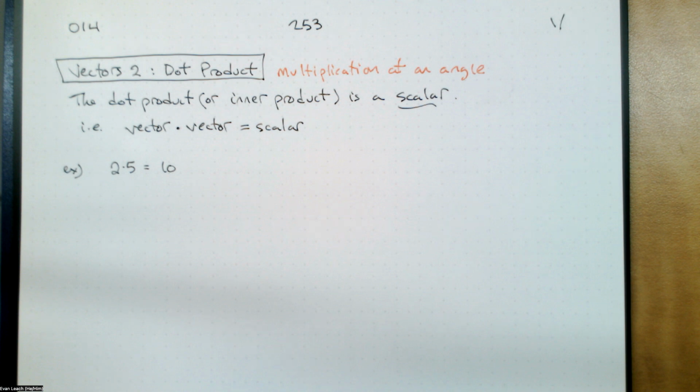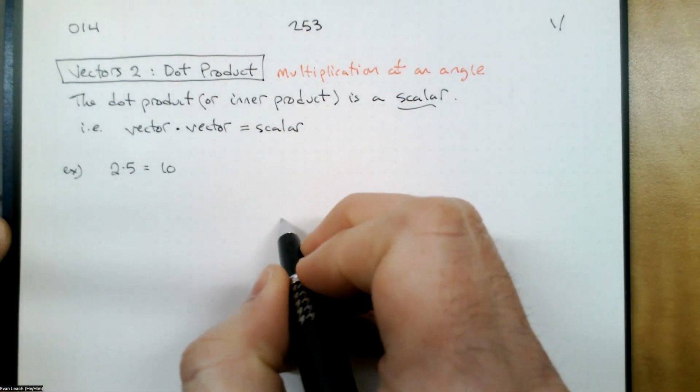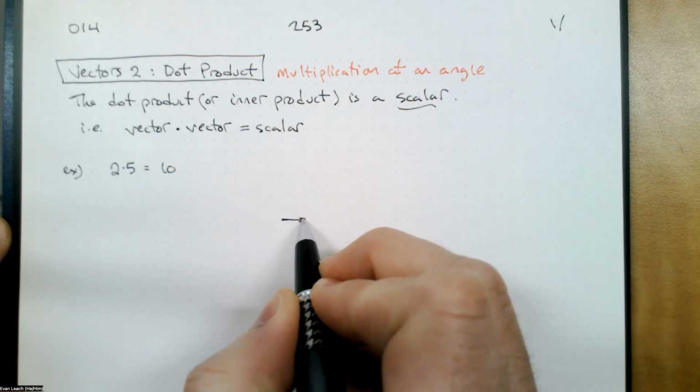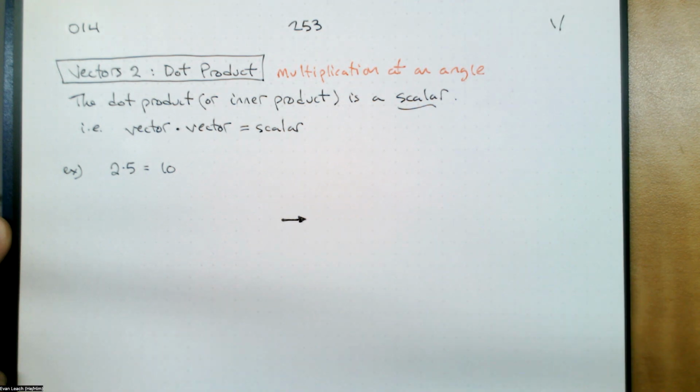But what if we have our multiplication at some funky angle? Let's suppose that I have a 2.